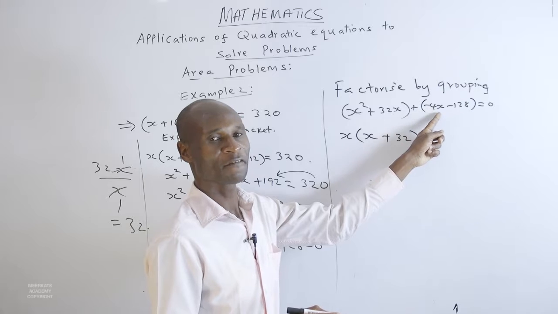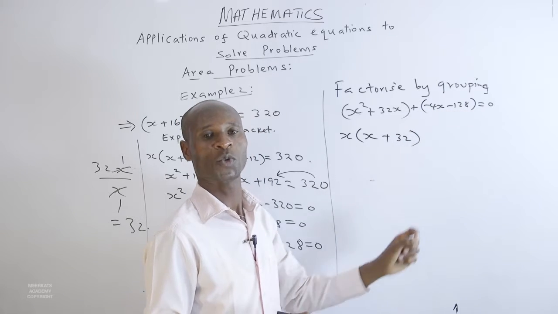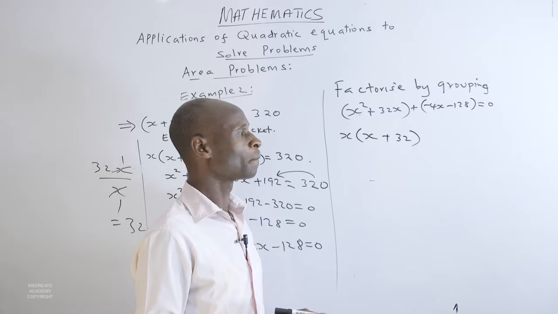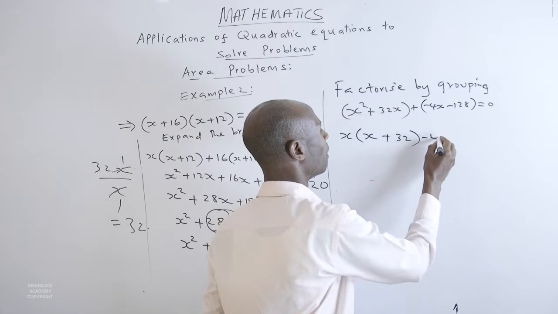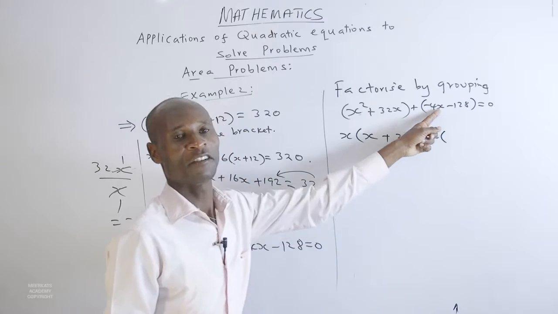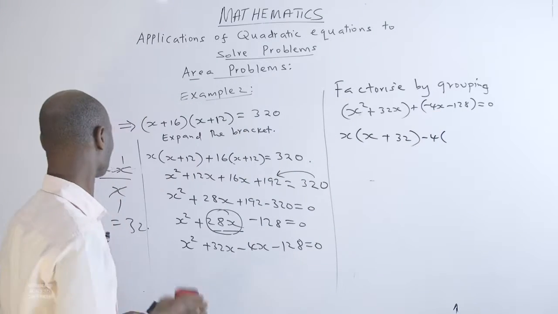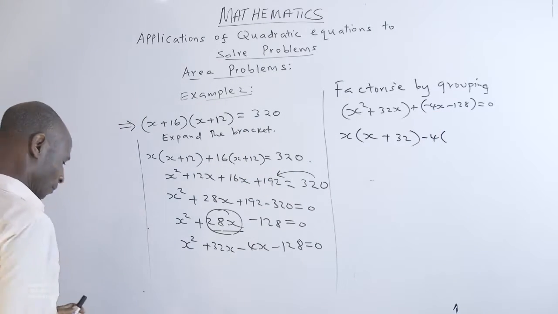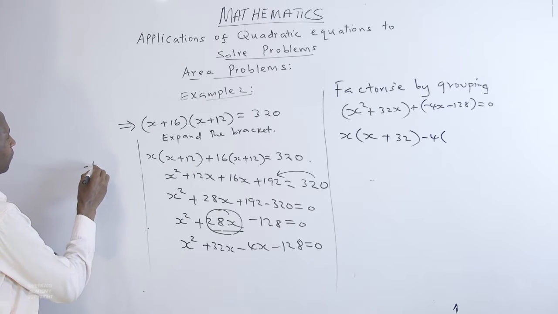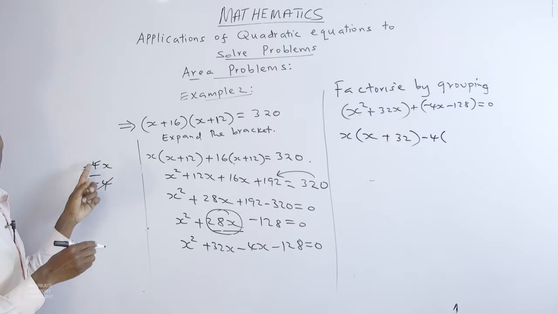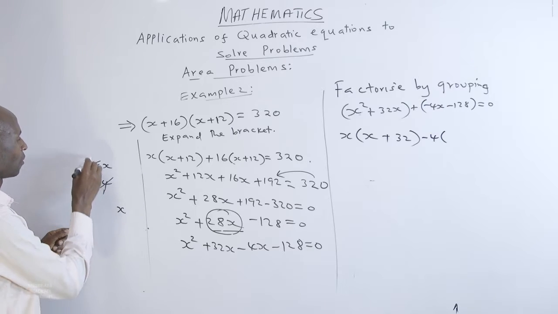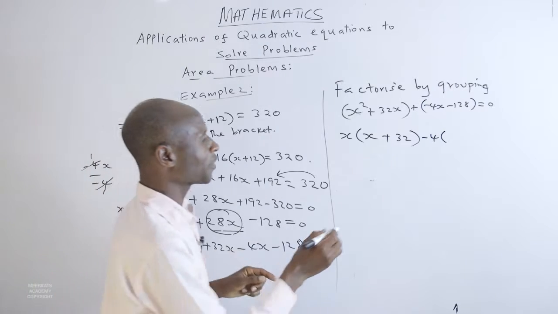So between negative 4x and negative 128, what is common? The common value is negative 4. Then we take negative 4x divided by negative 4. Negative 4 and 4 cancel. We remain with positive x.